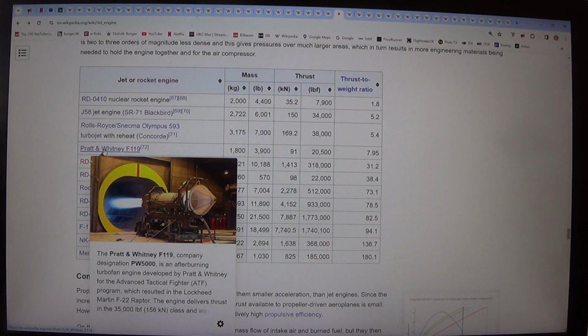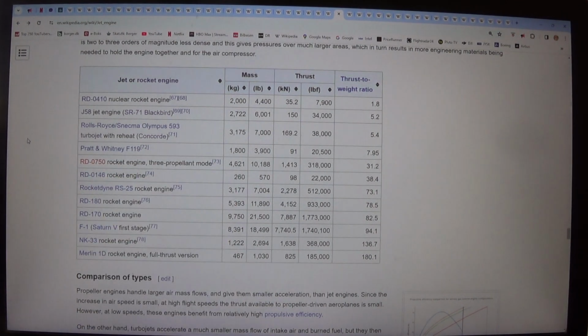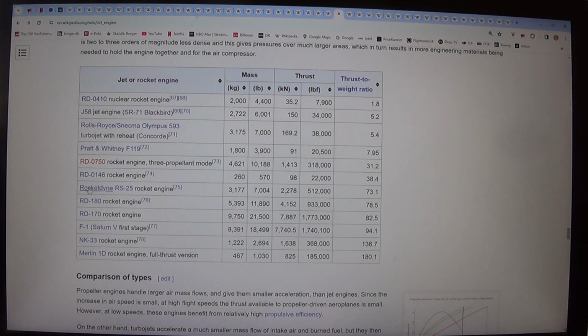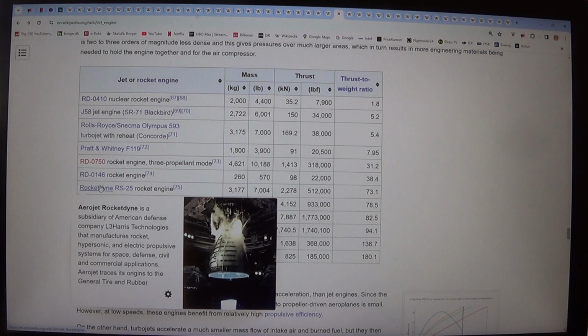Turbojet with reheat, Concorde, 3175 7169.2 38,005.4. Pratt & Whitney F119 1800 3991 20,507.95.